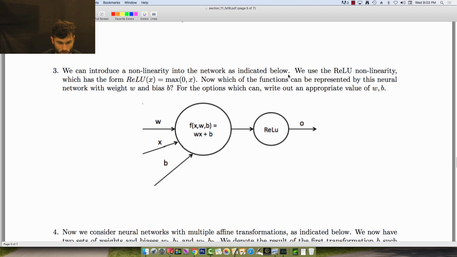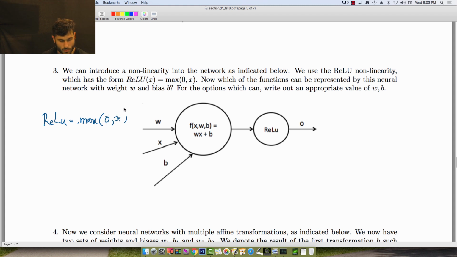In this third question, they ask us what graphs can represent a network that has a linear transformation and then ReLU. As written in the problem statement, the ReLU is the function given by max of 0 and x.